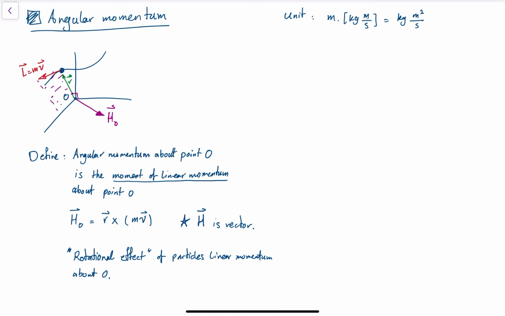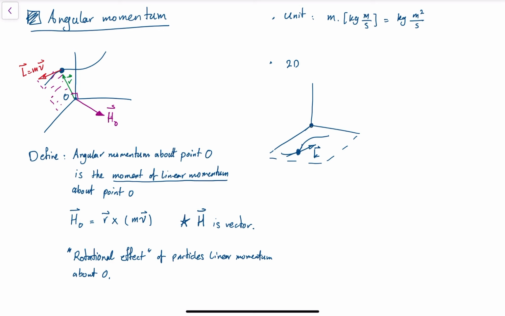When you are in 2D, let me draw another three-dimensional reference frame. But my entire motion lies just in one plane, like in the XY plane. And this is my L vector. By the way, the reference point doesn't have to be O, it can be anywhere.